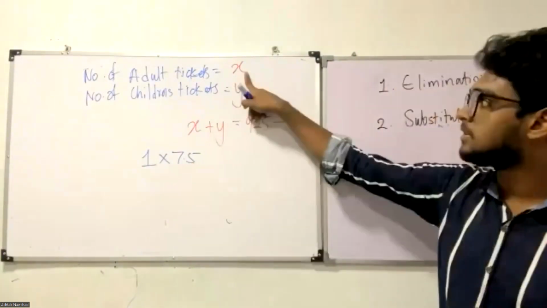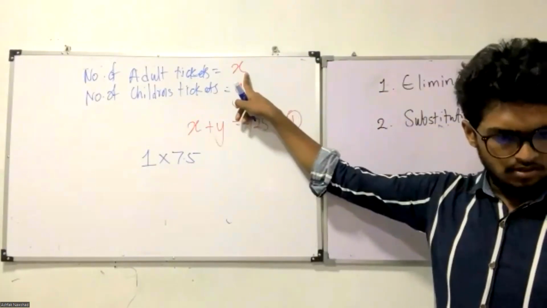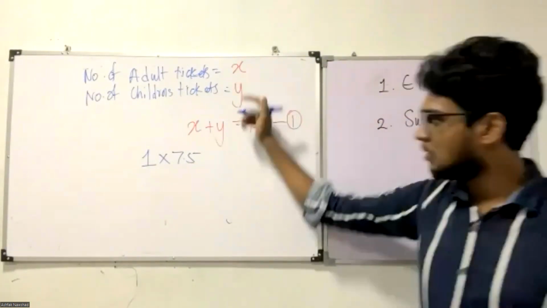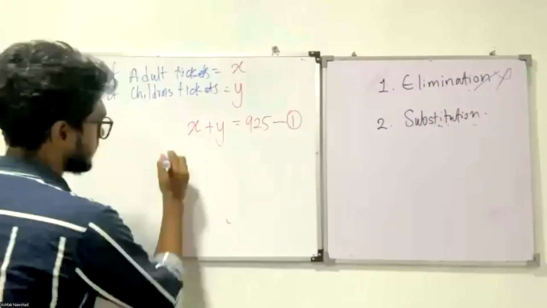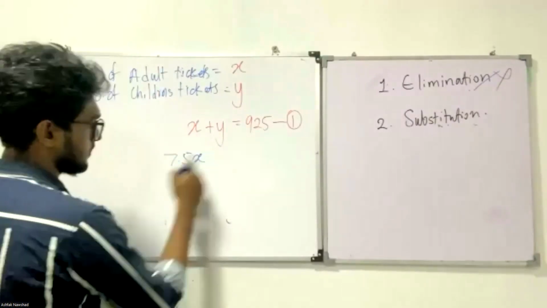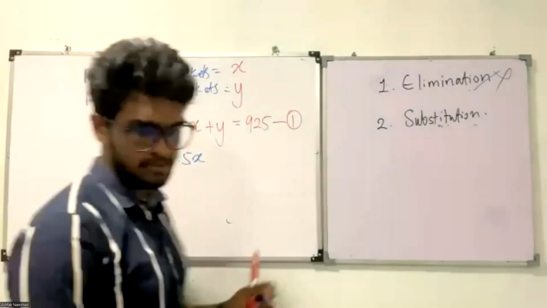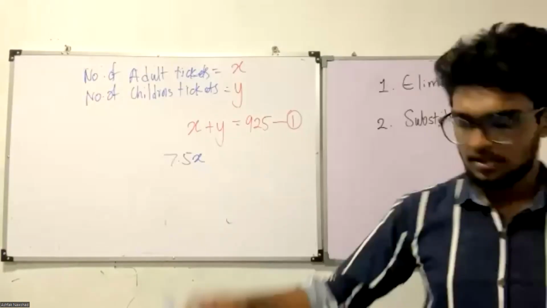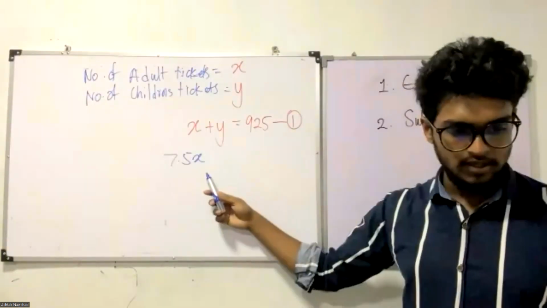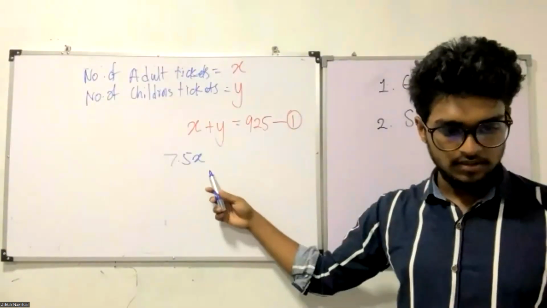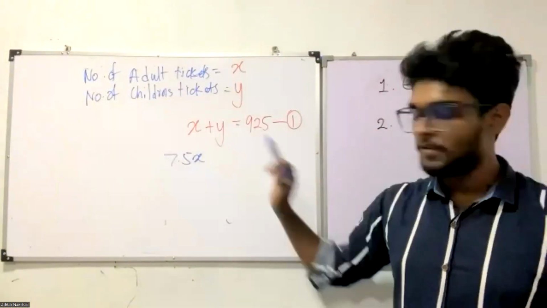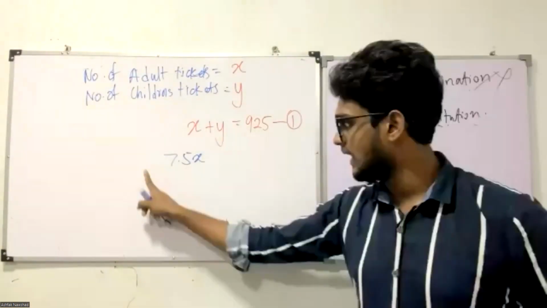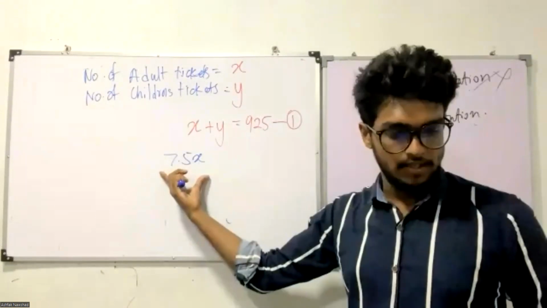Now, how many tickets have I sold? X tickets. So I get 7.5 times X dollars. I don't know the value of X here. 7.5X is the income generated by adult tickets.